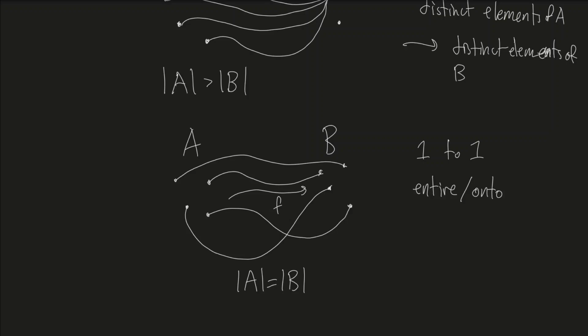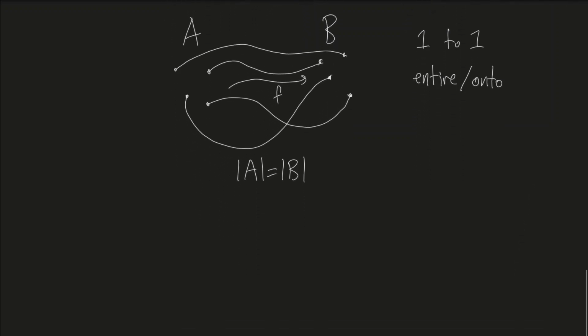And it's only possible when the two sets are of equal size. Right, we could have this sort of degenerate example where all the elements of A map to the same element of B. Right? But all we're saying is that this sort of nice situation is possible, and it's only possible when they have equal size.